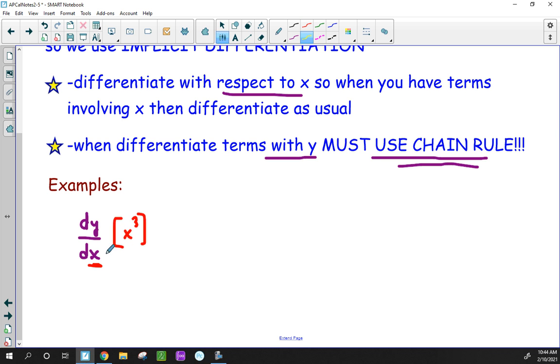Well, because this notation and these are the same letters, when they match, you're going to differentiate as usual. So the answer to this is a simple power rule. Just 3 times 1 is 3, and then x to the second. Okay, so that's an example of the first statement here.